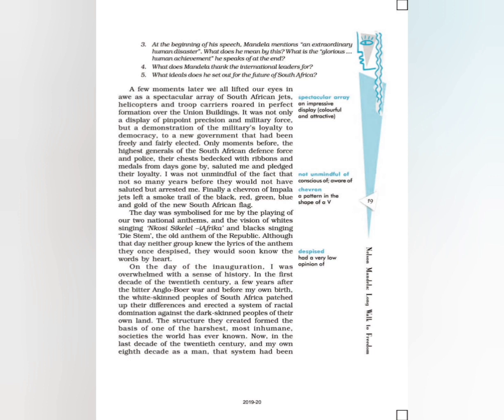Like that, in South Africa, the aircraft produced smoke in the following colors. What are all the colors? This might be an important question in a board exam. Black, red, green, blue and gold, the colors of the new South African flag. So in this regard it is very important. They can ask in what color the smoke was produced.